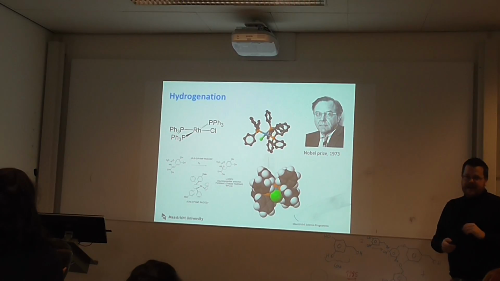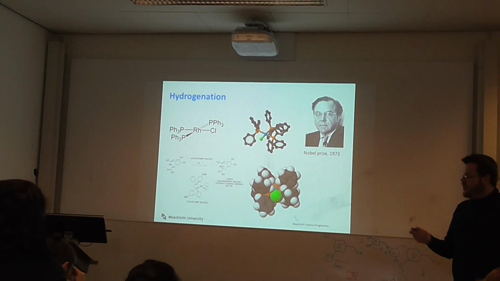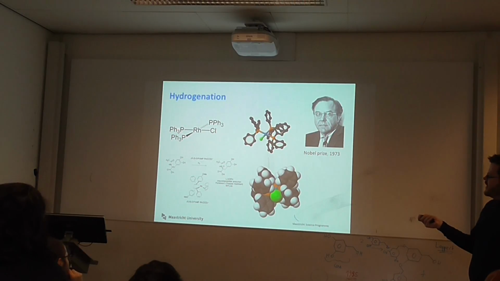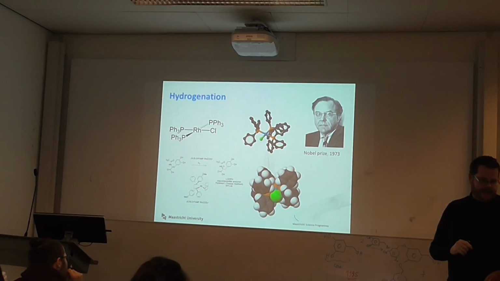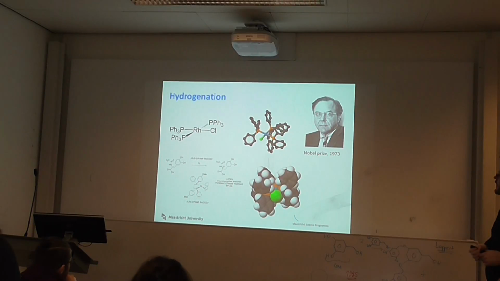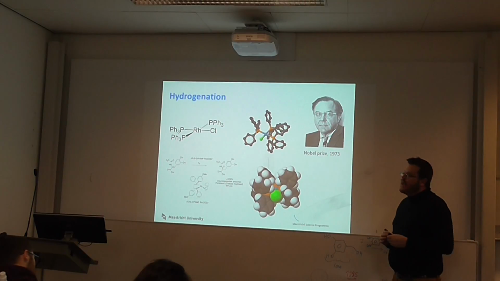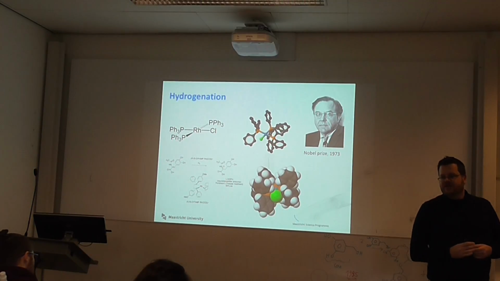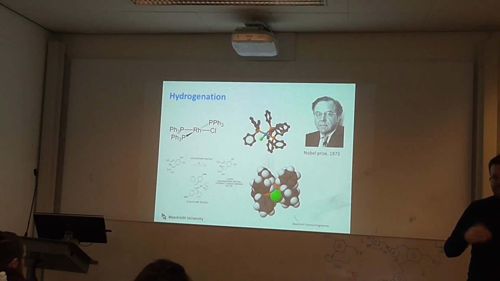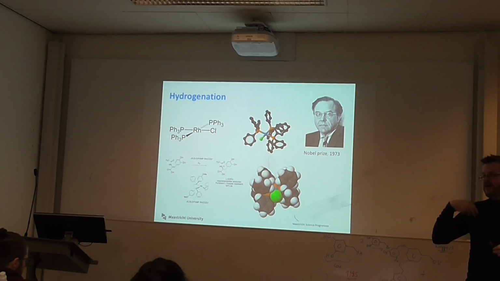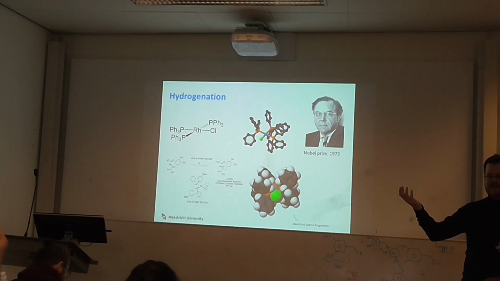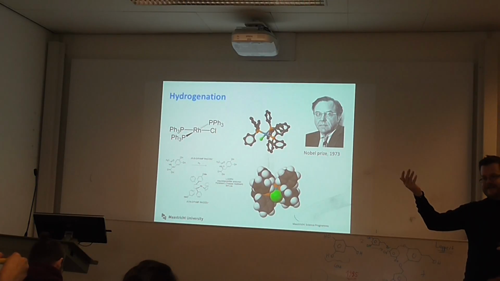What we also looked at, which was, I think, quite gratifying, was what happens if you change the nature of the phosphines on the, let's say, first generation hydrogenation catalyst of Wilkinson, and found that you can tweak the activity of the catalyst by changing the electronic characteristics of the phosphine. The more electron pushing, the more electron rich the rhodium center, the faster the H2 activation.